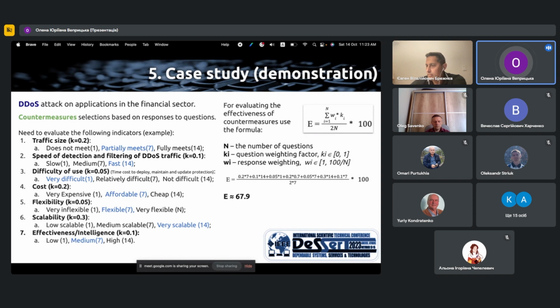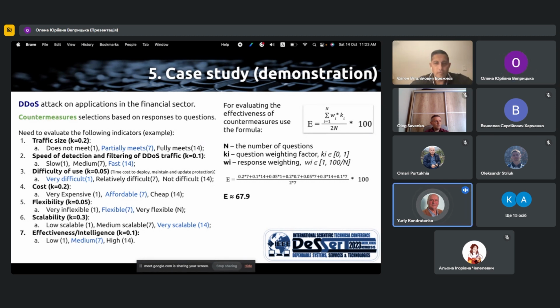For each answer, we should choose a value. We can arrange answers from the worst to the best. We choose a value and, using the formula on the screen that was presented in the attached article, the countermeasure score is calculated between 0 and 100.